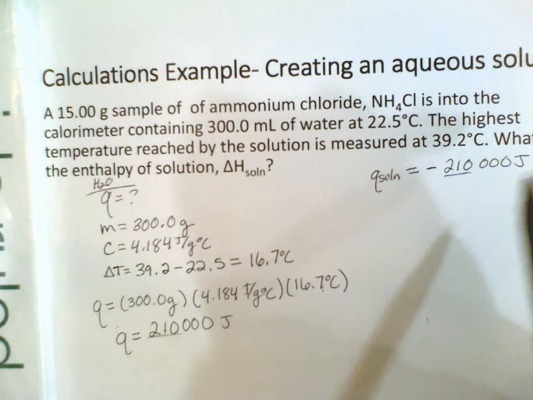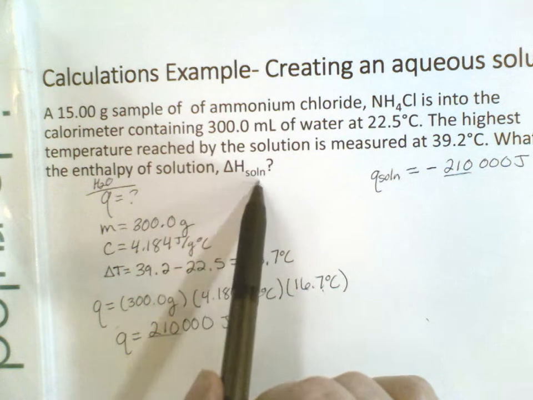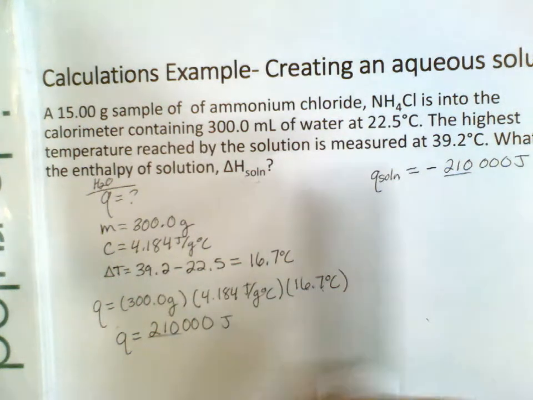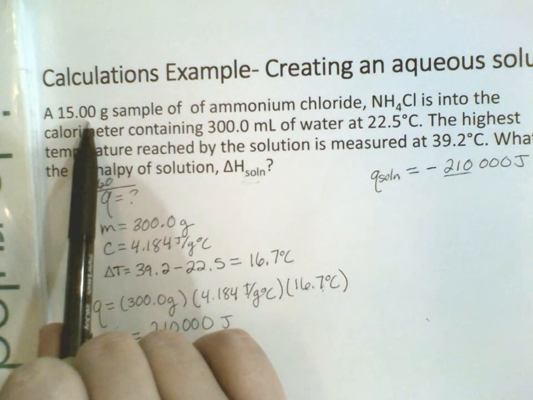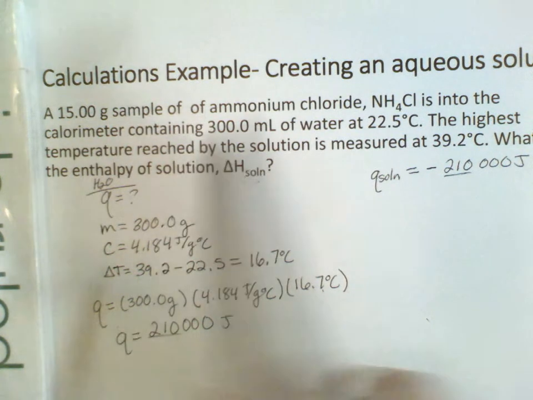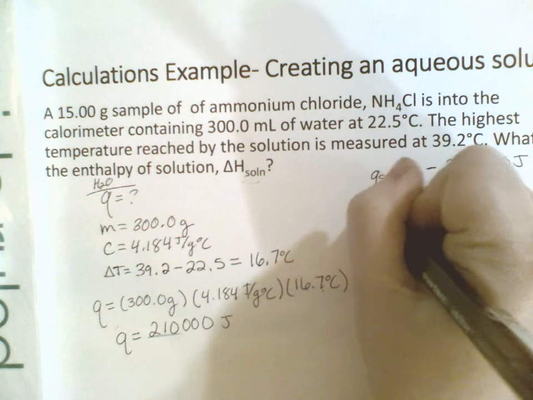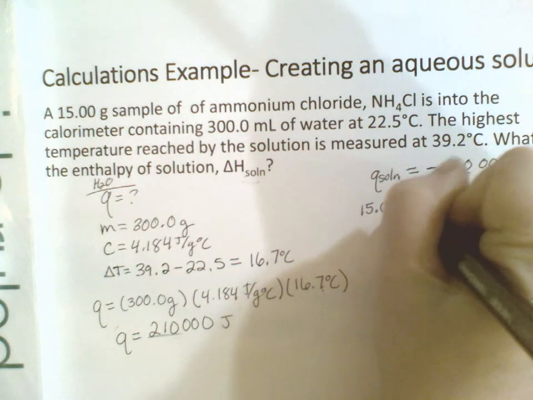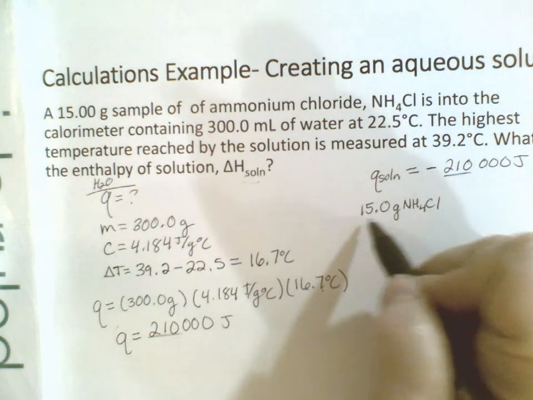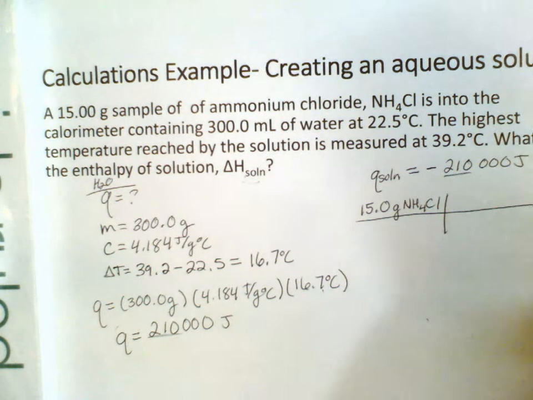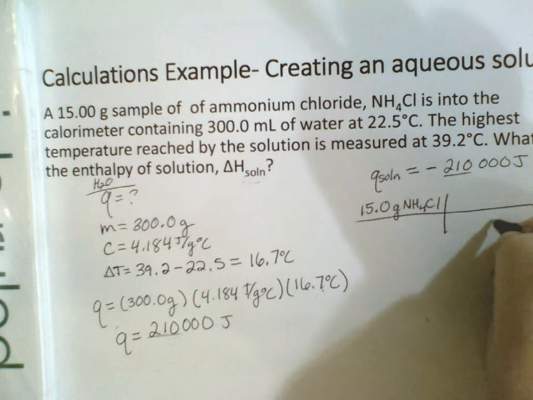So we want to find the enthalpy of our solution. To find that, again, we need our Q and we need our moles of our chemical. We were given 15 grams of our ammonium chloride, so we can change our grams of ammonium chloride to moles.